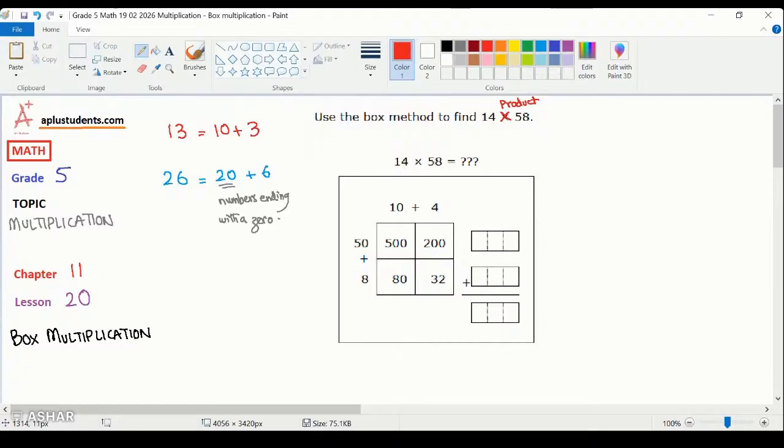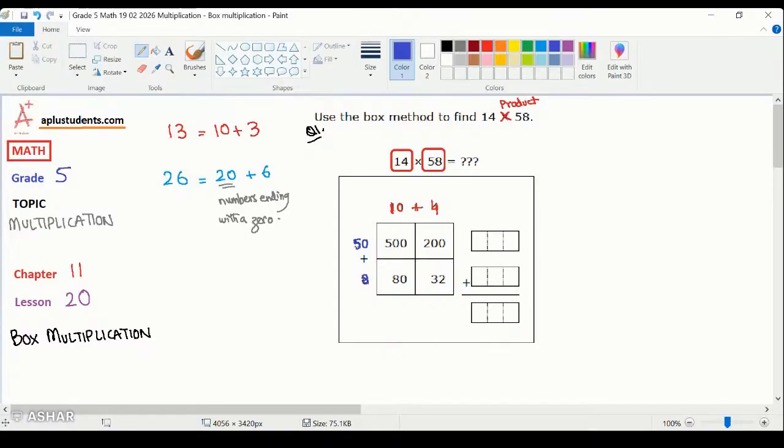For question number 1, what they're asking us is 14 multiplied by 58. Can we say 14 can be written as 10 plus 4, and 58 can be written as 50 plus 8, right?